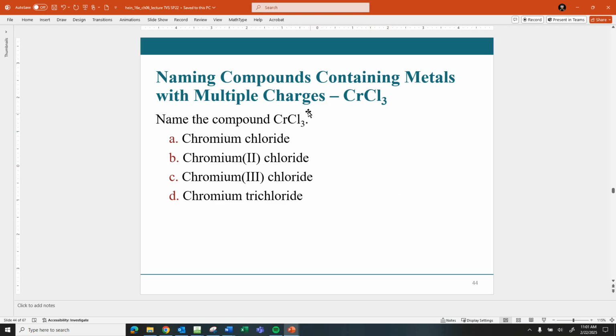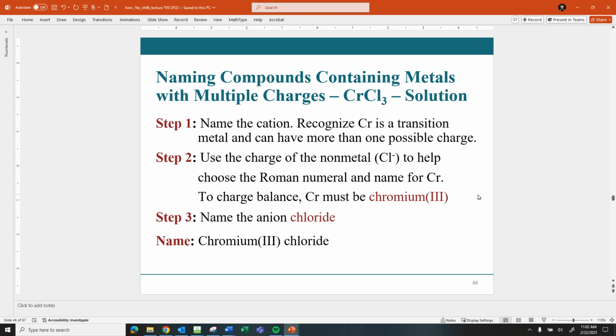You got to find out the total charge on the nonmetal, and because there's only one chromium, that chromium has to balance out, and that charge added up with the 3 chlorines has to equal 0. So pause the video and see if you can figure it out. All right, so correct answer was C. Chlorine has a -1 charge, and there's 3 of them, so that makes overall -3, so you need a +3 chromium. And here's the steps on how to figure that out.